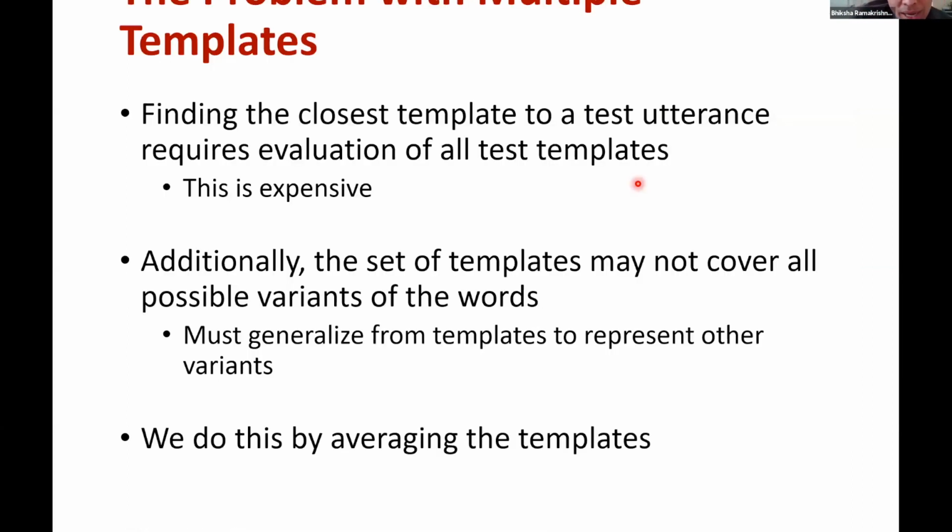So finding the closest template requires evaluation of all the test templates. And even if you do that, the set of templates that you record may not cover all possible variants of the words. So you want to be able to generalize from the few templates that you have recorded to other ways of saying the words that you may not have recorded.